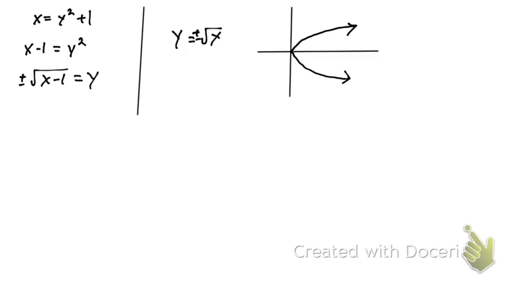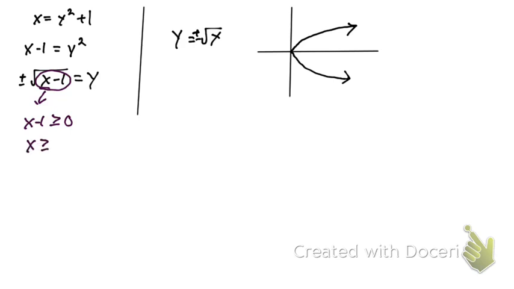So what this graph is, is this graph shifted over one space. If you didn't recognize that, you could also do this part where we can say, well, x minus 1 must be bigger than or equal to 0 because it can't be negative.